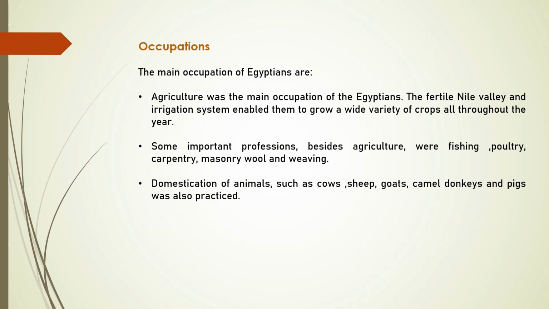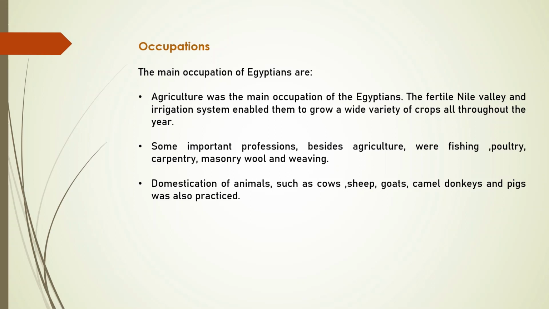Now, occupations. Agriculture was the main occupation of the Egyptians. The fertile Nile Valley and irrigation system enabled them to grow a wide variety of crops all throughout the year.